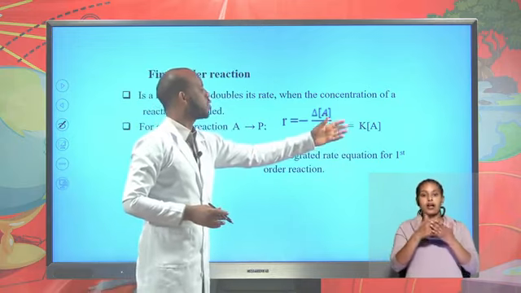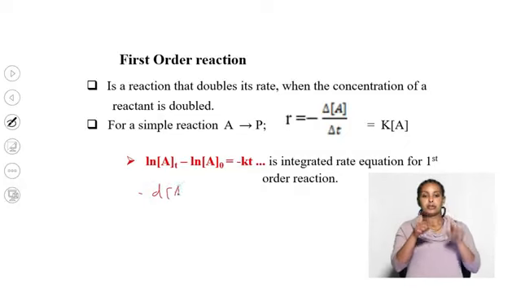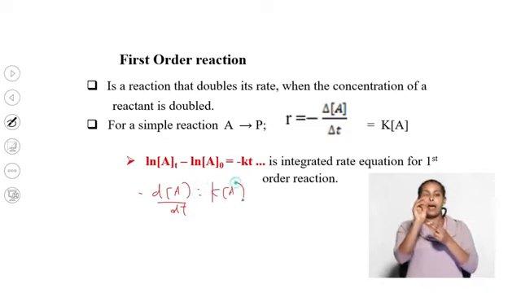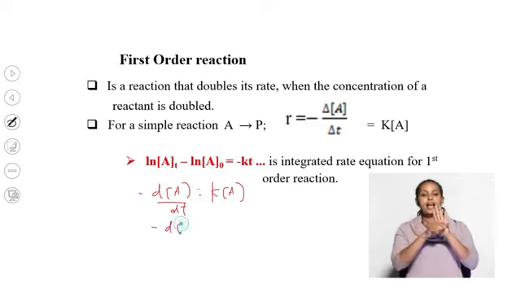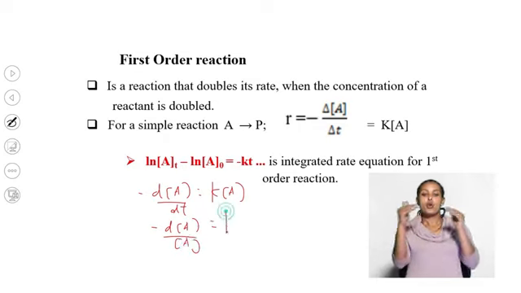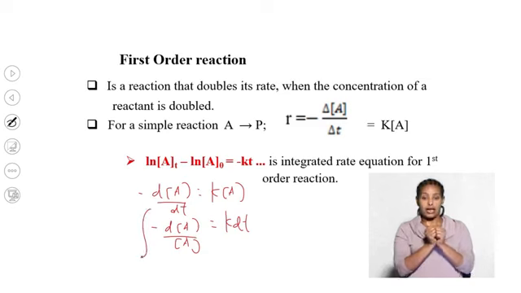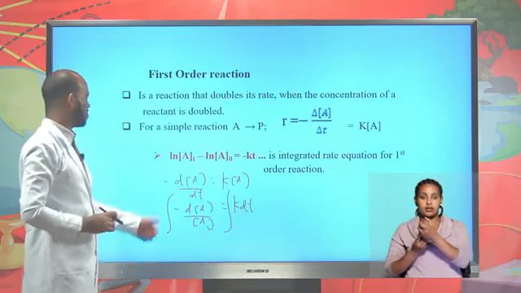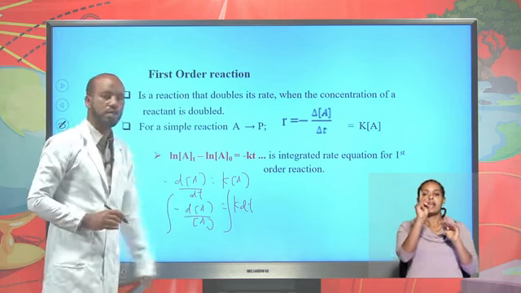Using calculus, we can write this as minus d[A]/dt equals k times [A] to the power 1. Rearranging, minus d[A] divided by [A] equals k times dt. Integrating both sides, the integration of minus 1 over A d[A] equals k times dt.